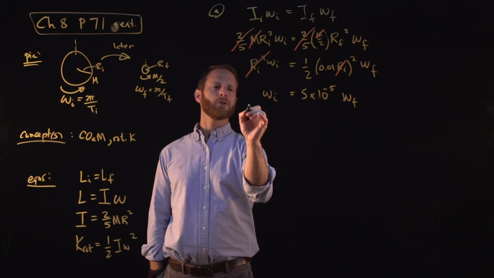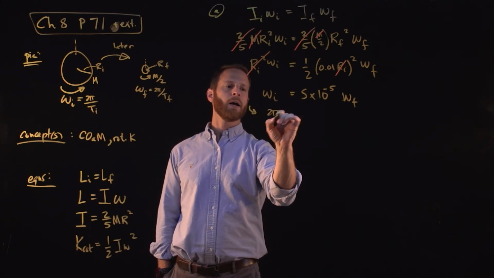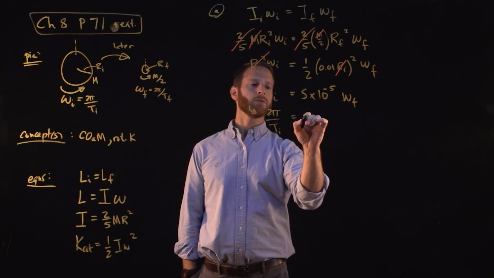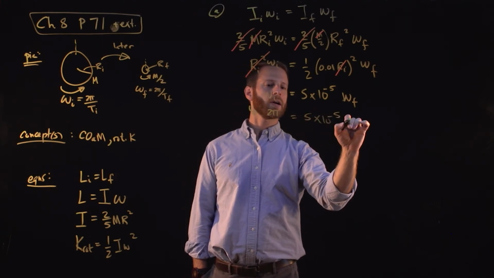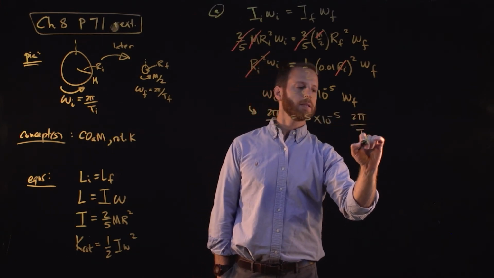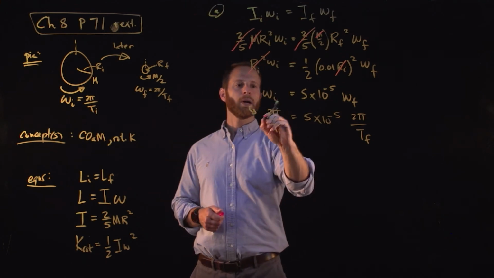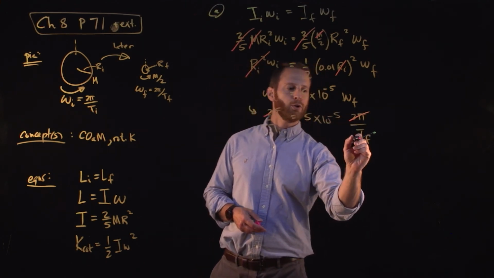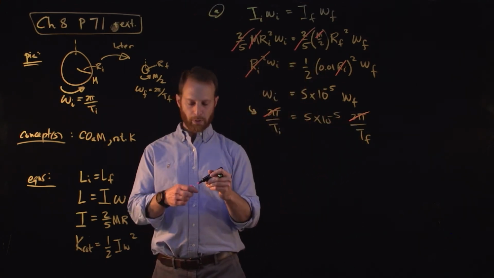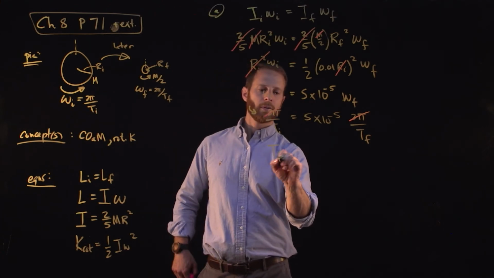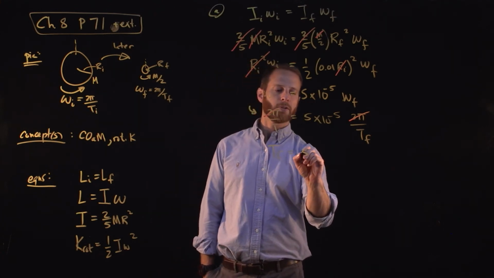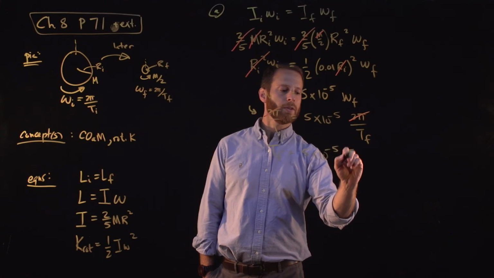If I instead turn this into 2 pi over Ti equal to 5 times 10 to the minus 5 times 2 pi over Tf, my 2 pi's cancel, and I can find the new period in terms of the old period. In other words, the final period is much smaller than the initial period.